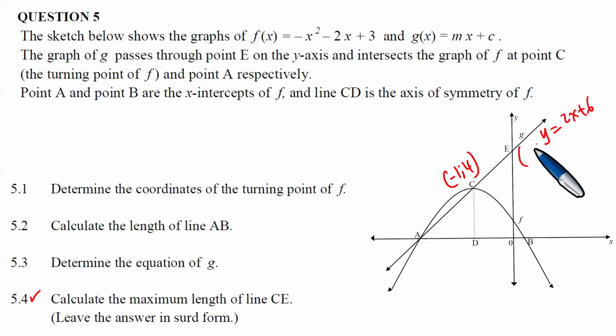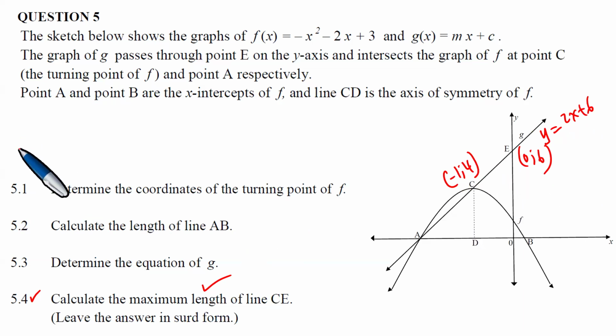At this point, when x is 0, y is 6. In this case, we can find the maximum length. How do you find the length? You already know the coordinates of C and E.